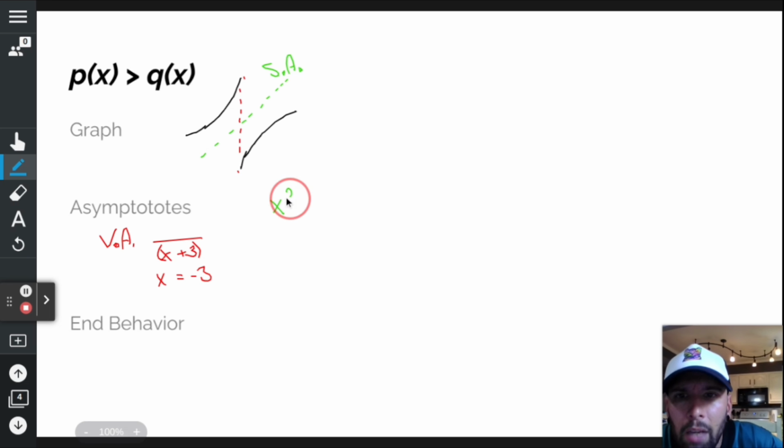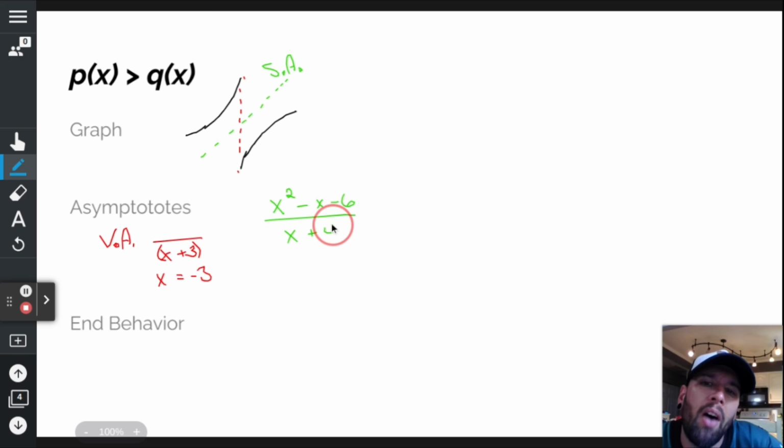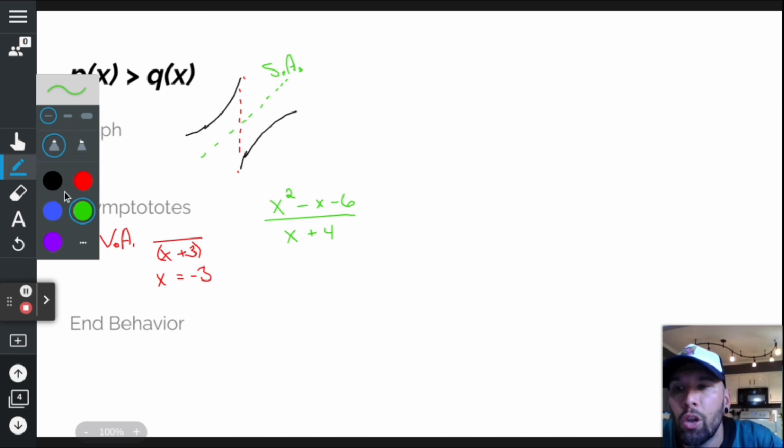If I give you a problem just like this, let me give you this exact example: x squared minus x minus 6 over x plus 4, and I ask you to find the slant asymptote. The way you find the equation of a slant asymptote is you do polynomial long division.